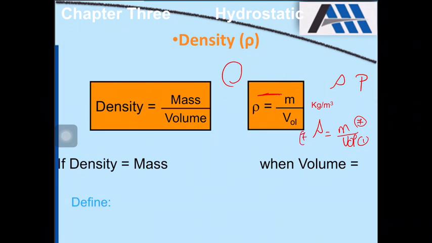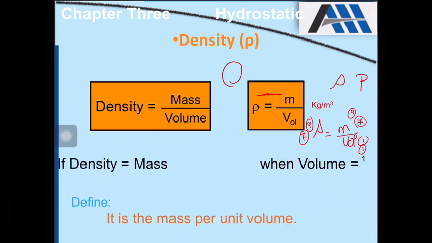Therefore, the density will be equal to 7. And if the mass equals 9 and the volume equals 1, the density will equal 9. This means that the density equals the mass when the volume is 1. Therefore, the density is the mass per unit volume.